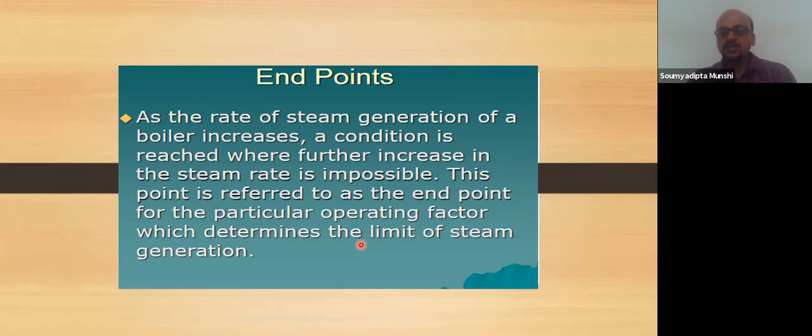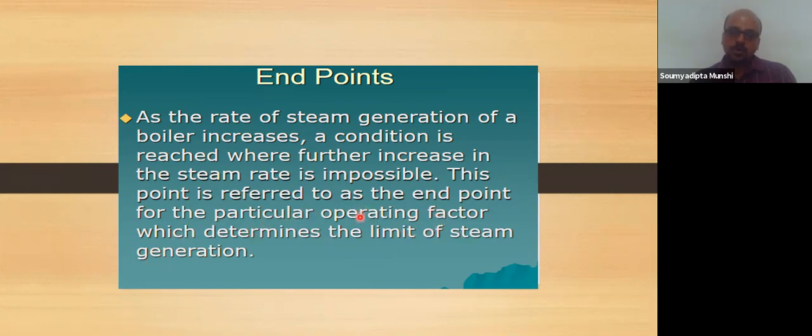That means after some value of steam generation, it is not possible for the boiler to generate more steam, or it is impossible to increase the steam rate. This point is referred to as the end point for the particular operating factor which determines the limit of steam generation.